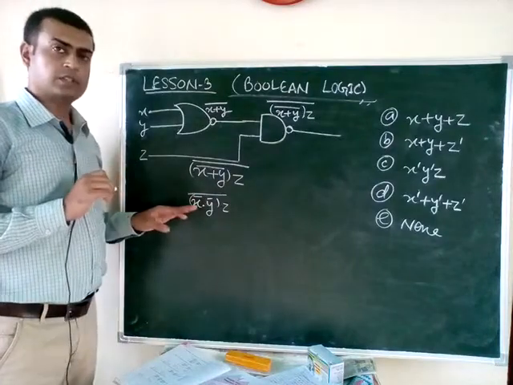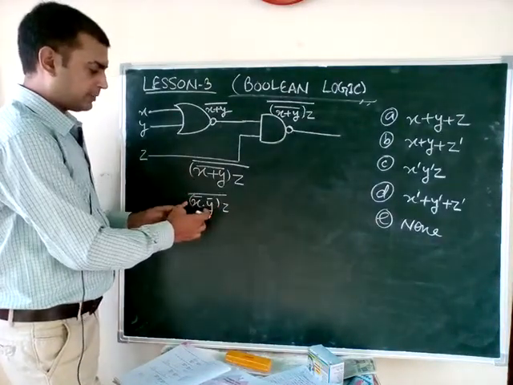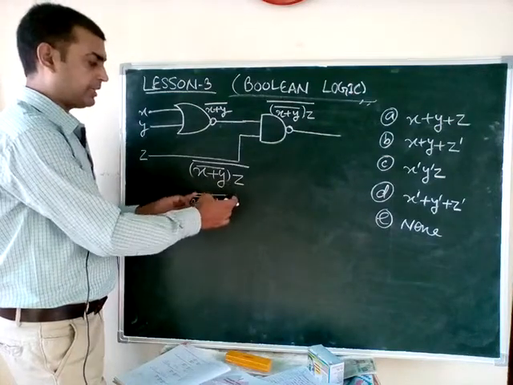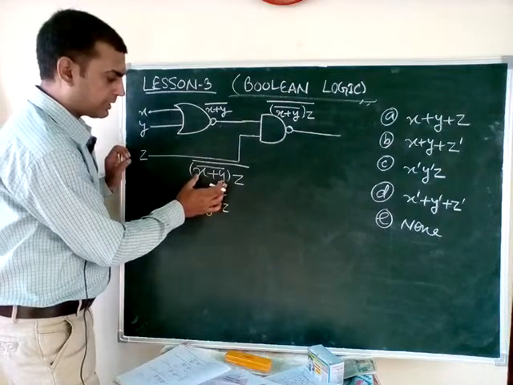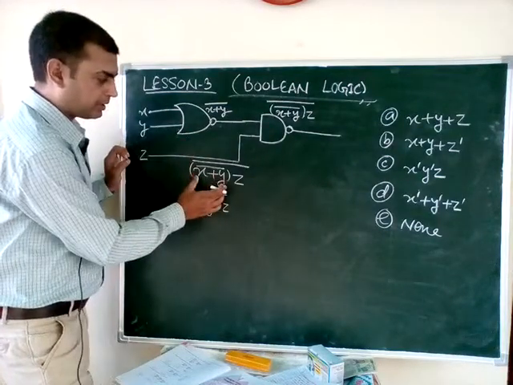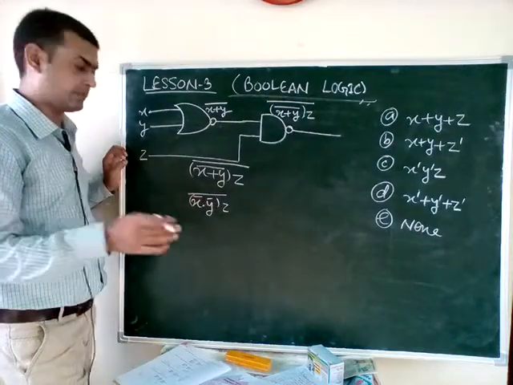Got this? I have done this with only the inner portion, x bar, y bar, and then z is separate, so leave it separate. Only the inner bar I have solved. So this is done by De Morgan's theorem.